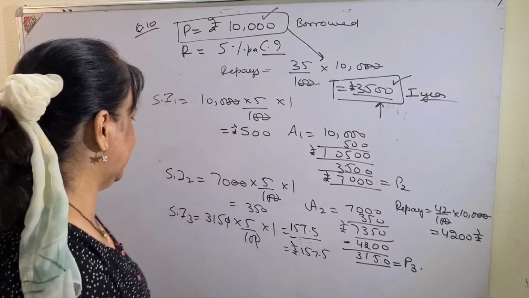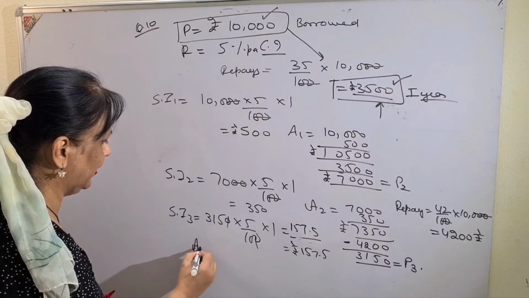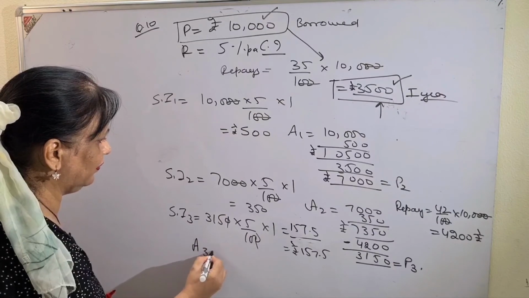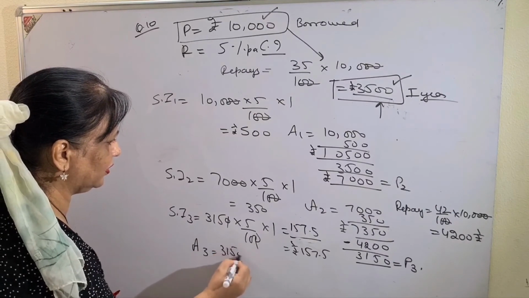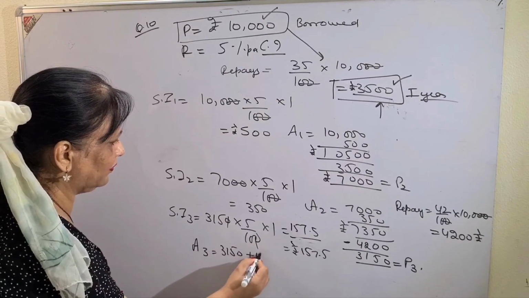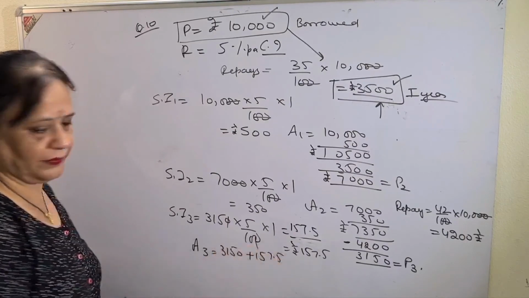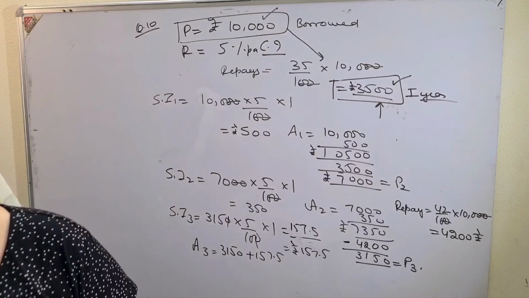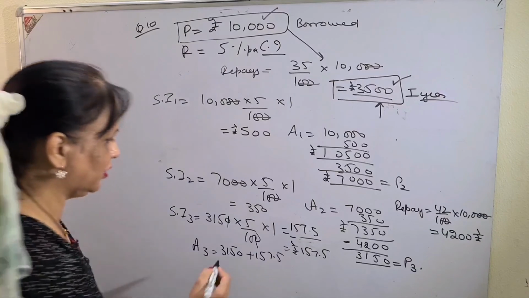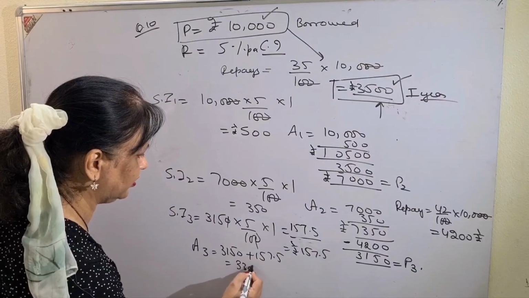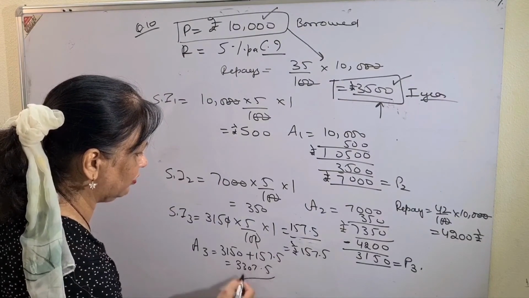This is SI3. So amount 3 will be 3150 plus 157.5. 3150 plus 157.5, and that is your required answer. 3307.5. You calculate it and you will get the answer.